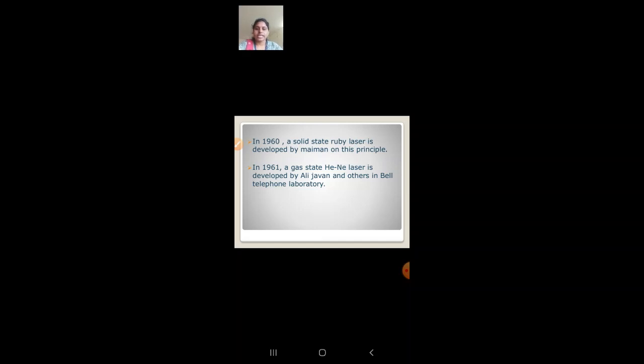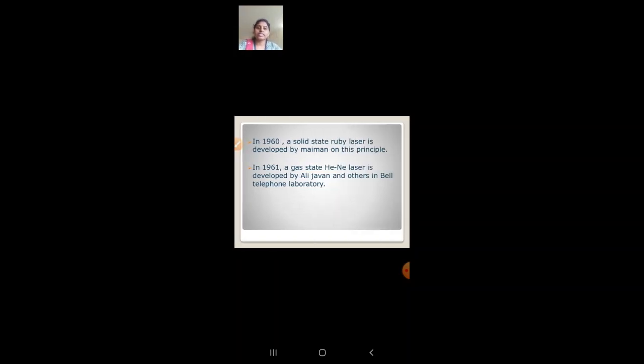And in 1961, a gas state helium neon laser was developed by Ali Javan and others in Bell Telephone Laboratory. So this is the introduction part of the lasers.